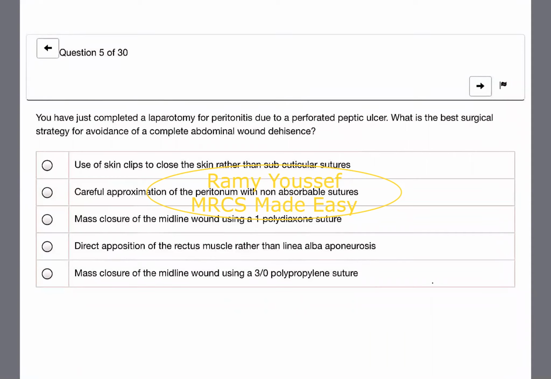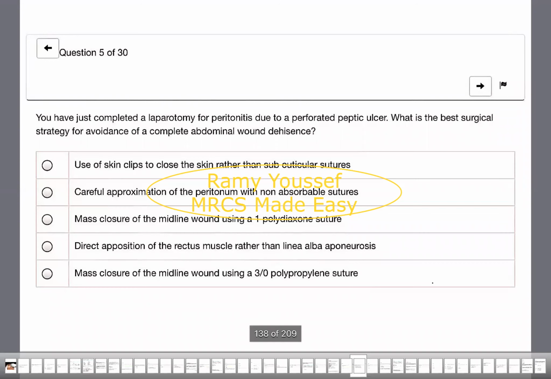Careful approximation of peritoneum with non-absorbable sutures. Mass closure of the midline wound using one PDS suture. Direct approach of rectus muscle rather than the linea alba aponeurosis. Mass closure of the midline wound using 3-0 polypropylene suture. I think it's mass closure with one PDS suture. It's the best option.